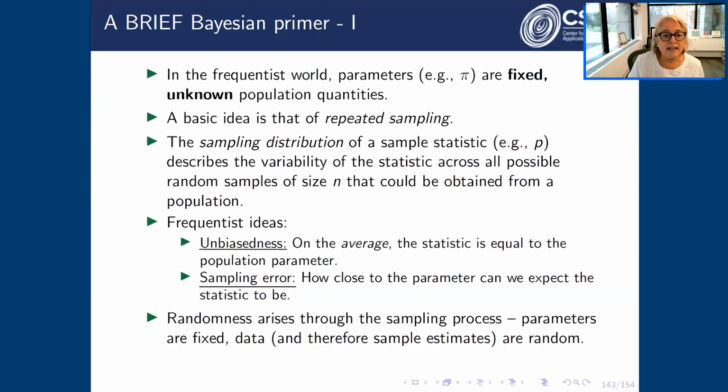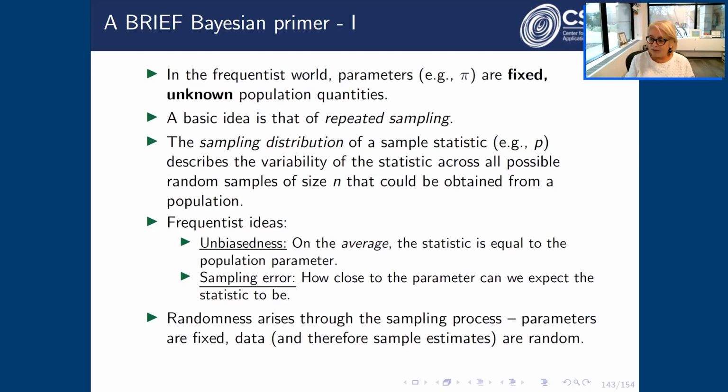But before I go there, I will start with a very brief primer on the differences between the frequentist approach to the world and the Bayesian approach to the world.